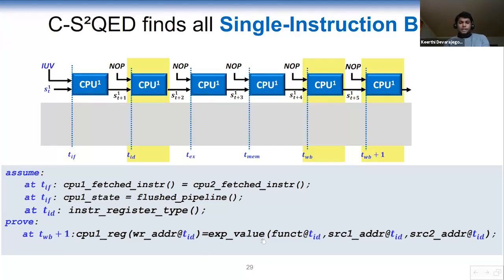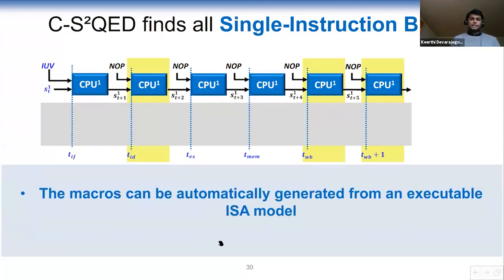To this macro, we have to pass some arguments: the source registers and the type of instruction, whether it does addition, summation, or logical operations. The first argument says which operation is performed, and the second and third arguments say what the source registers are. The right-hand side macro can also be directly derived from an executable ISA model.